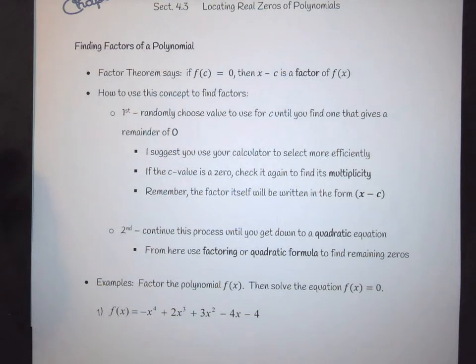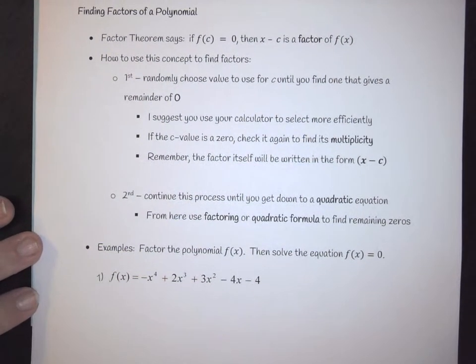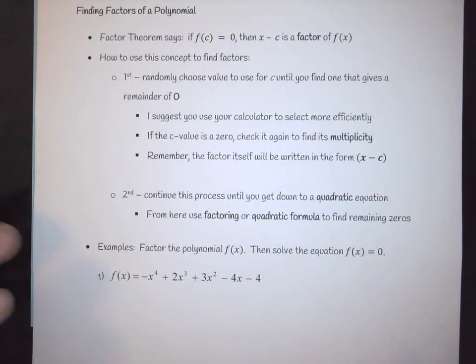finish the result. But when we're talking about starting with higher level degrees, then you want to use synthetic division as the fastest way to determine if you have a zero. So there's a couple ways or ideas behind how you are approaching this.